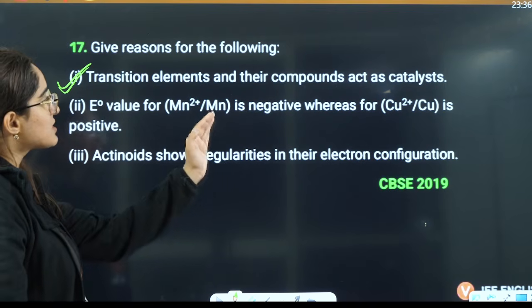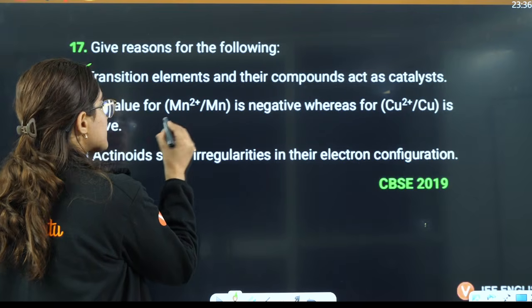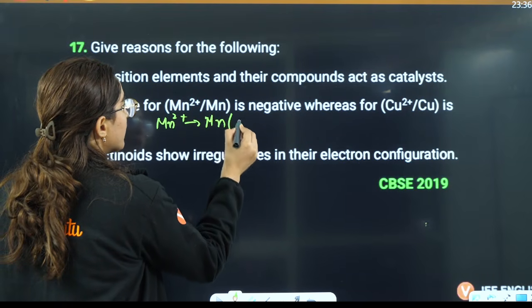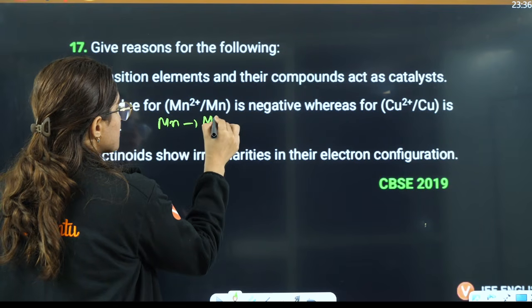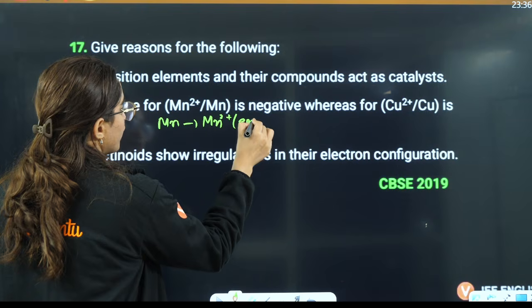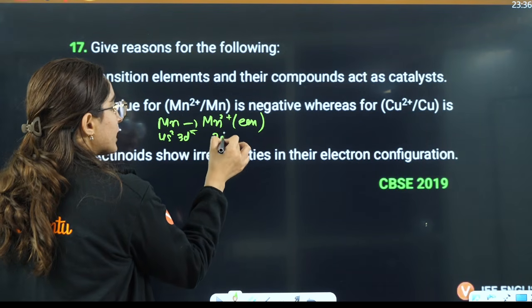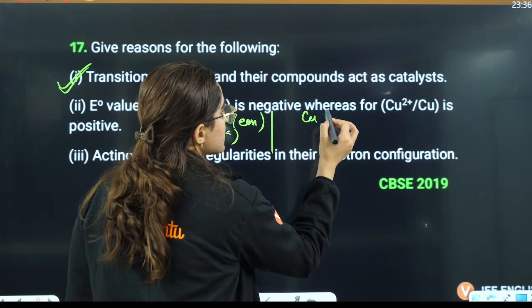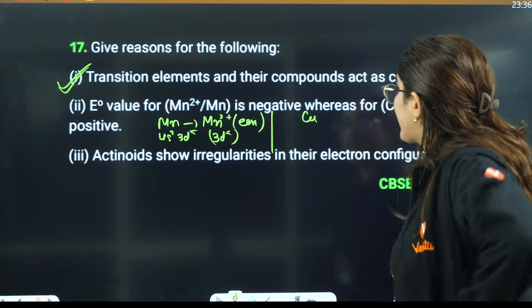E naught of this is more negative than this, right? See, same thing. If it is negative, that means Mn2+ to Mn should be tough. That means Mn to Mn2+ is easy. Why? This is 4s2 3d5 and this is getting converted to 3d5, which is a very stable state. But in case of Cu2+ to Cu, it is positive.